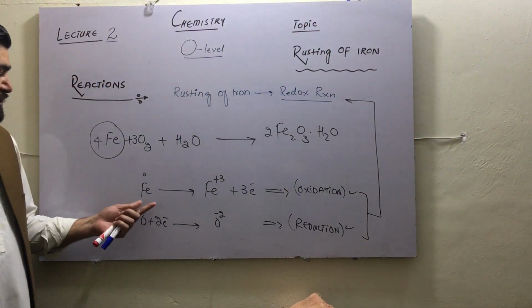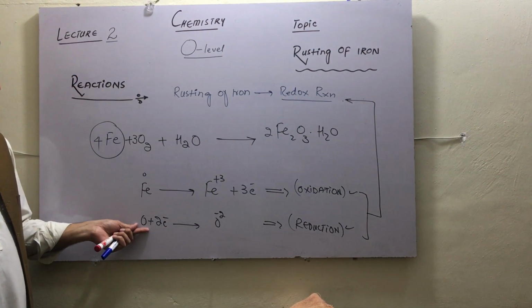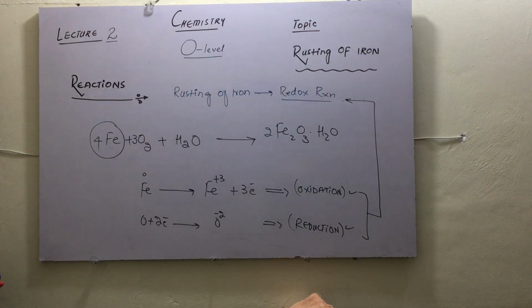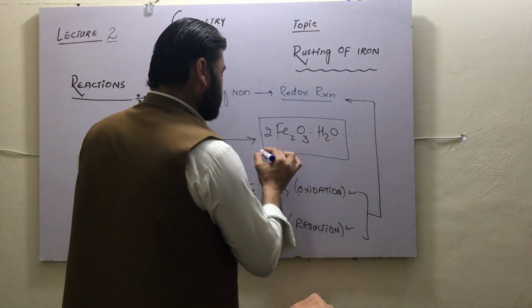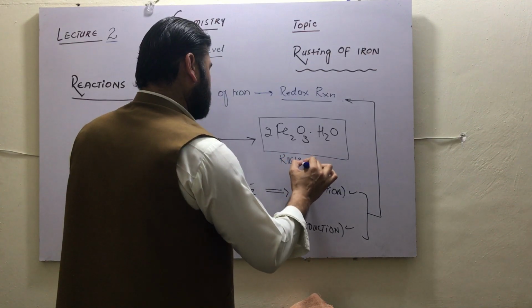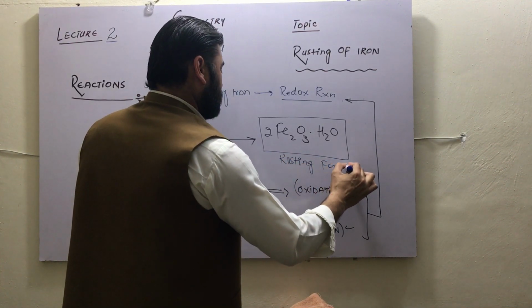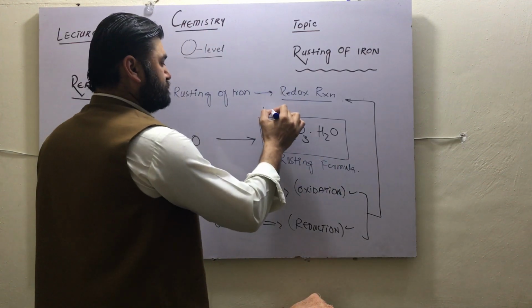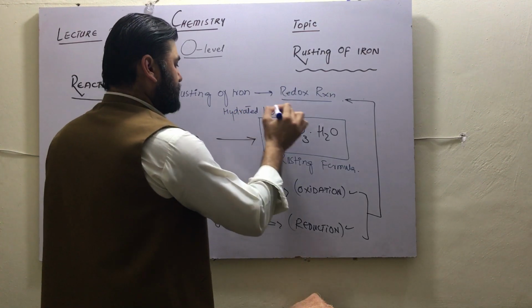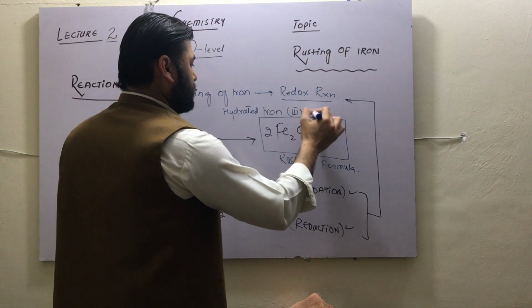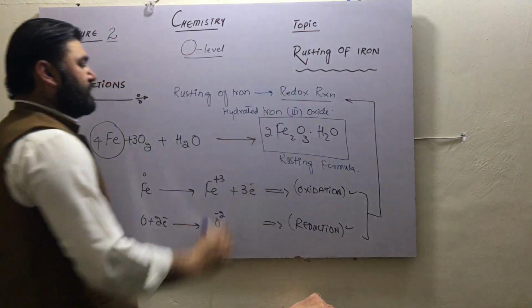So here there is oxidation in iron and reduction in oxygen. So this is a very important reaction for the rusting of iron. I think up to here you got the idea of oxidation and reduction, and this is the formula of rust, hydrated iron 3 oxide.